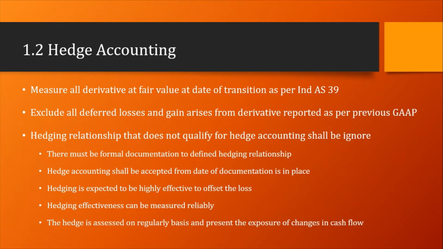Hedge effectiveness must be reliably measured, and these hedges should be regularly assessed to check their performance, whether we are able to offset our losses. And if there is any change in our cash flow due to these hedges, we have also explained this.